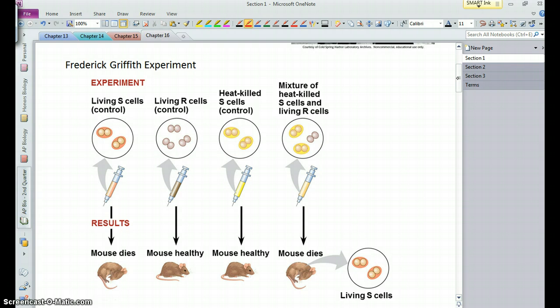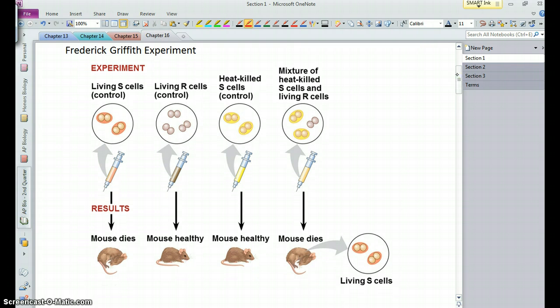And Griffith was studying these bacteria, some that were pathogenic and some that were not. And you can see the pathogenic one, of course, kills the mouse, and the non-pathogenic one does not. When you heat up the pathogenic ones, the mice are just fine because they've been killed and inactivated, I guess.